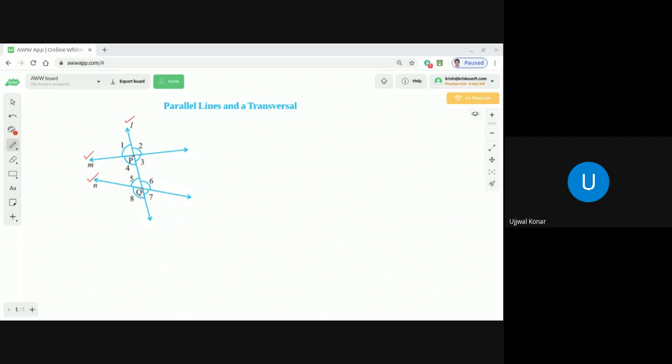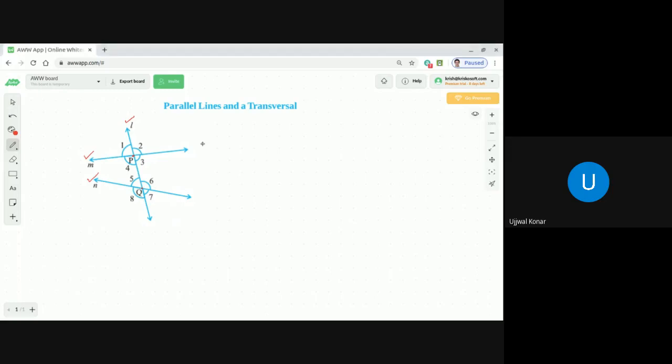Now we are going to discuss these angles, which have different names. There are 8 angles here, dear students. Angles 1, 2, 7, and 8 are called exterior angles.